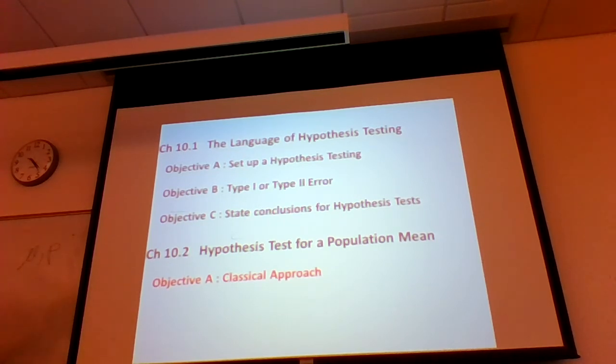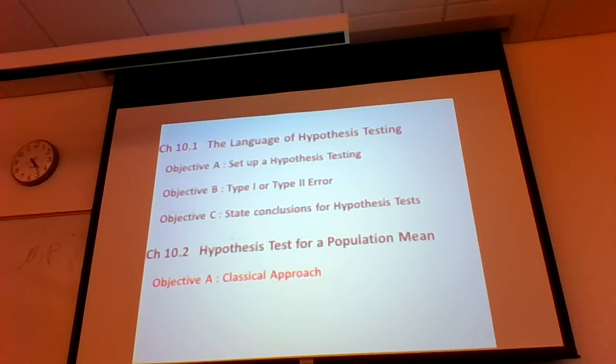And then there's the p-value approach, which is the modern way to do it. Ideally, I'm going to test you on the p-value, but I want to show you this too. I'll show you what the p-value is on a later slide.